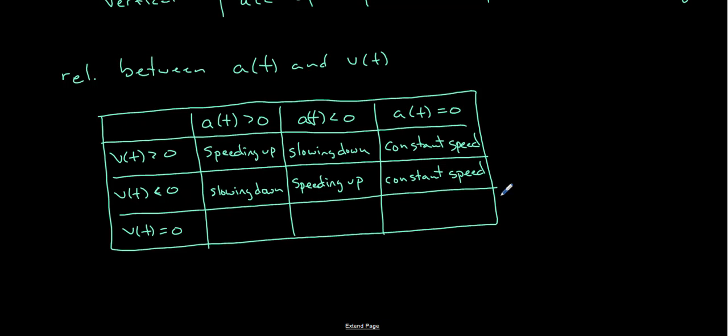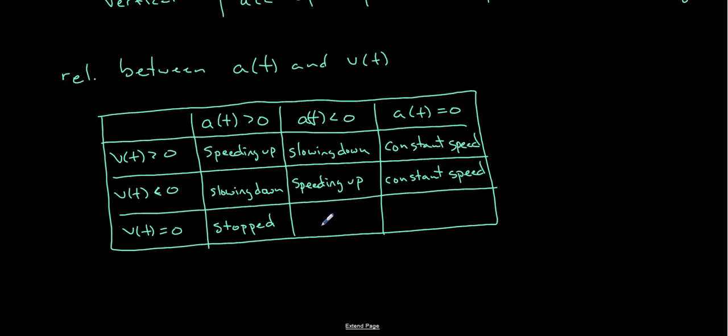What about v of t equals 0 and the acceleration is positive? It's not moving, so stopped. Your velocity is 0, which means you're not moving, but acceleration is acting upon you. Think about this. Your velocity is 0. Are you guys traveling right now? But is there acceleration acting upon you right now?